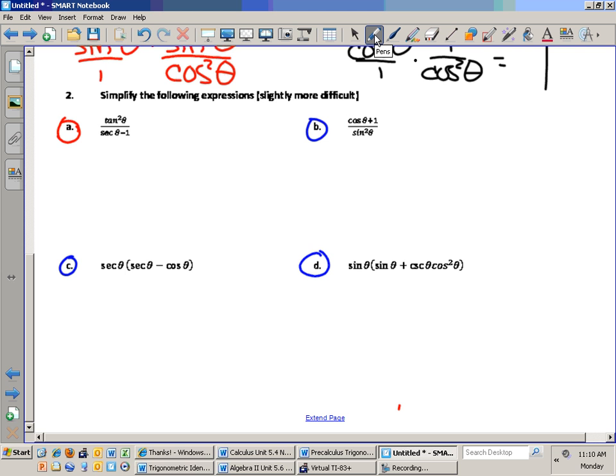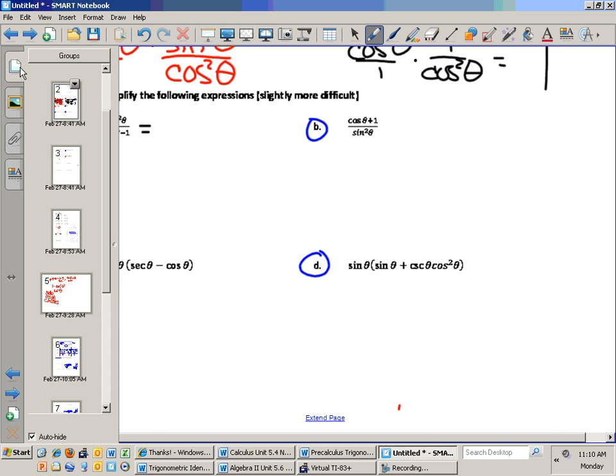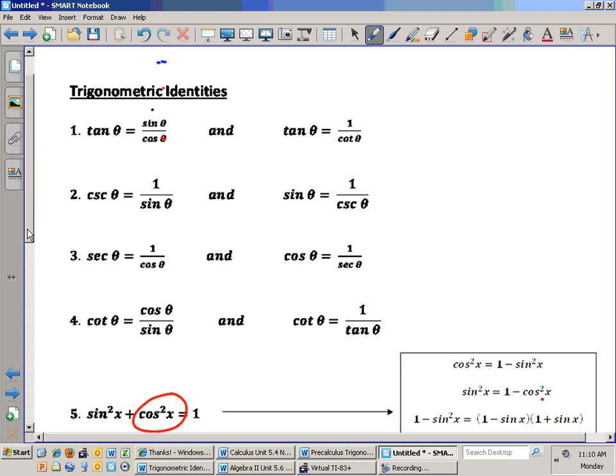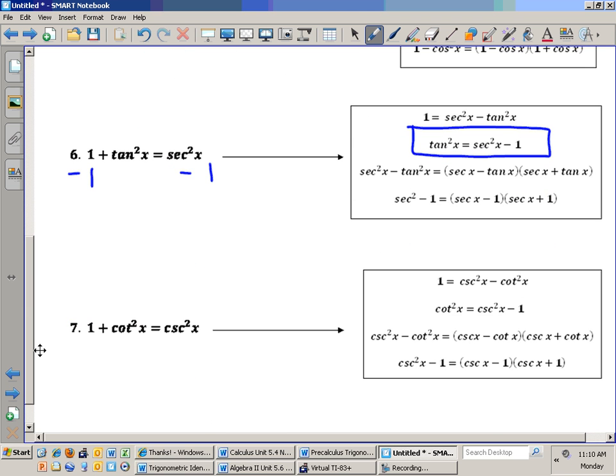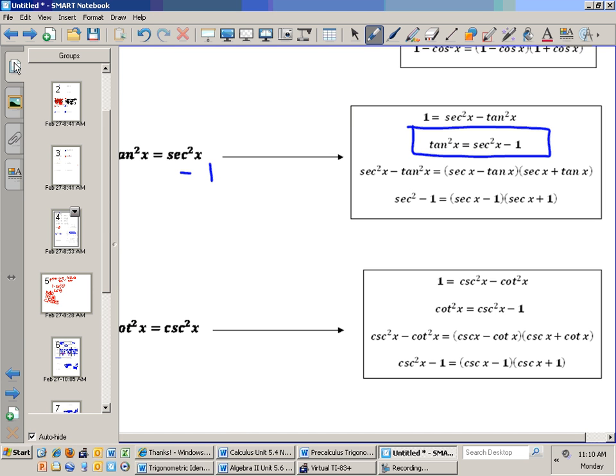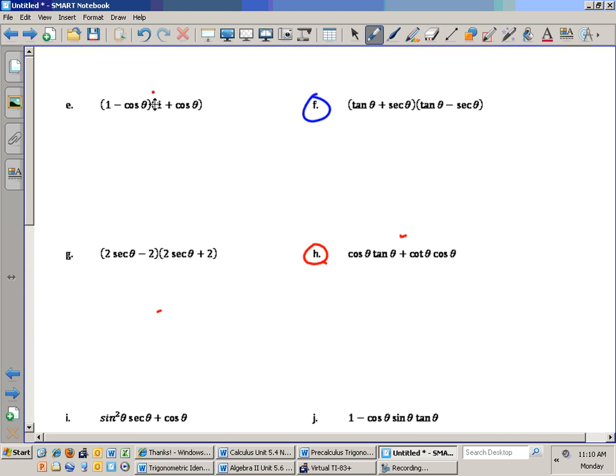I'm going to take this tangent squared, and I know from my formula sheet that tangent squared is actually equal to something else. If I look at number 6 right here, it says that tangent squared is equal to secant squared minus 1. So I'm going to substitute that in, and then you'll see why I would do something like that.